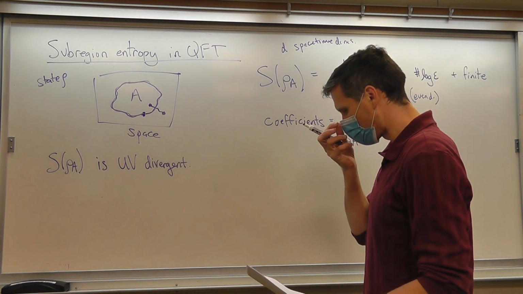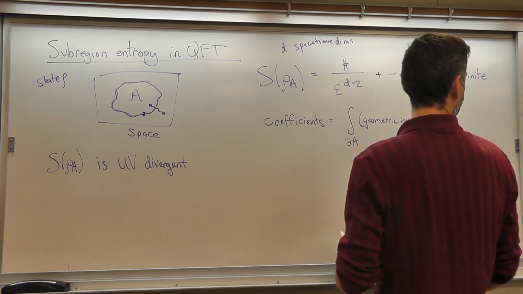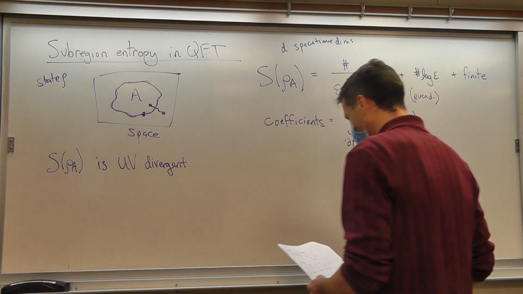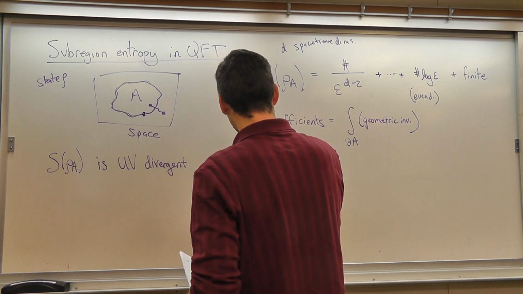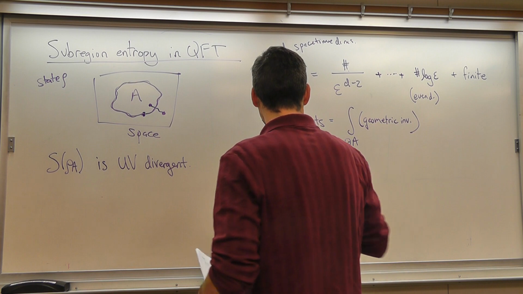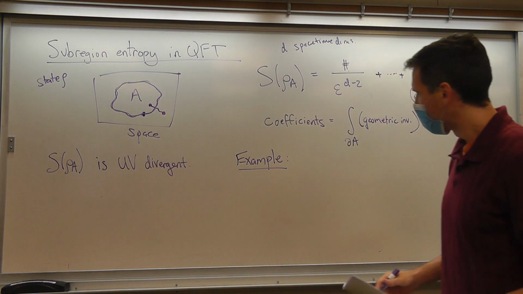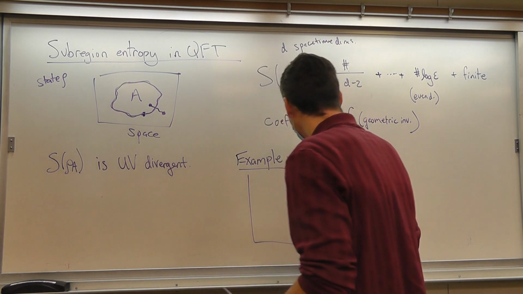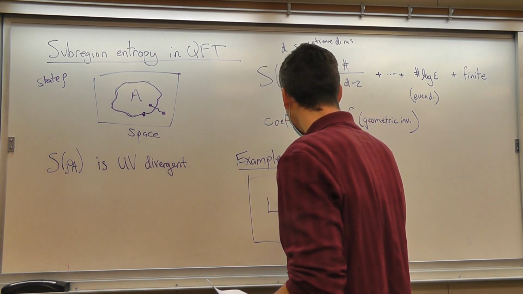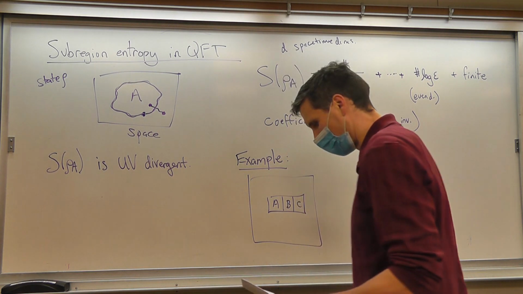Okay, so let me give you an example just as a quick little warm up of how we deal with these divergences. Let's say we're doing a situation in quantum field theory where you have three regions, A, B, and C.